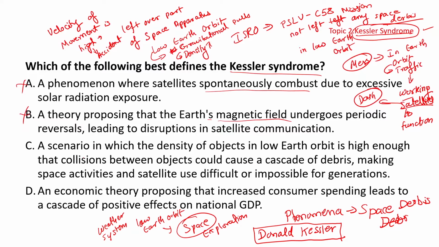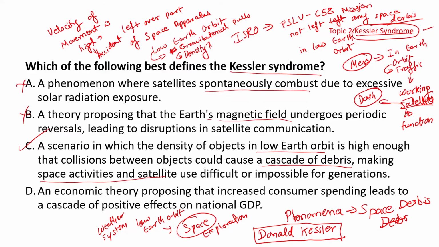Again, no. A scenario in which the density of objects in low Earth orbit is high enough that collisions between the objects could cause a cascade of debris, making space activities and satellite use difficult or impossible for generations, is absolutely correct. This particular statement, option 3, is absolutely correct. Hence our answer will be C.